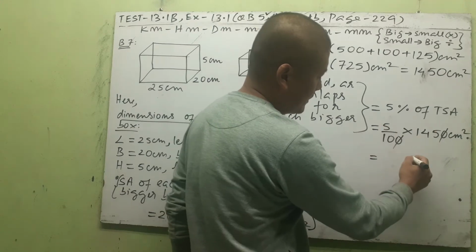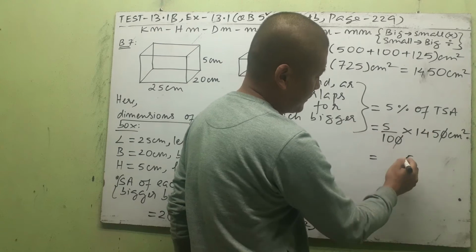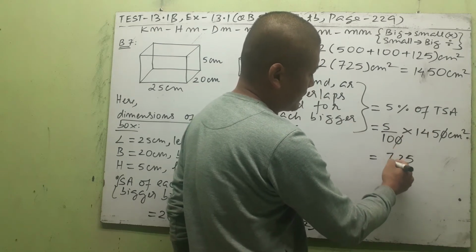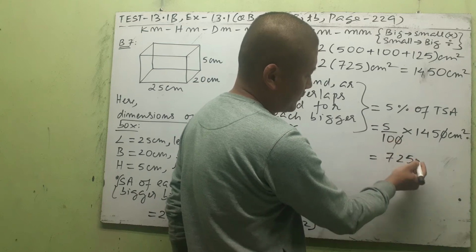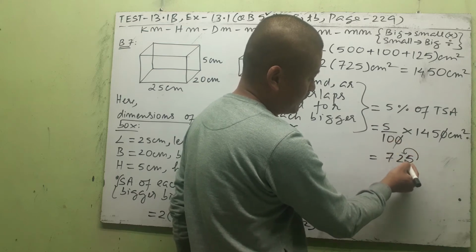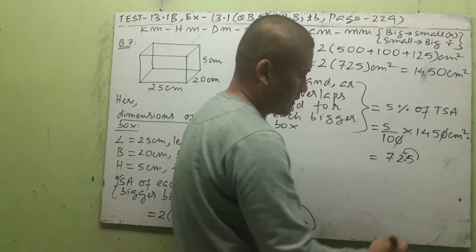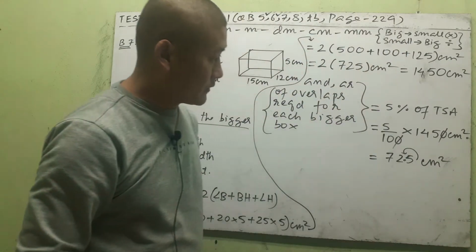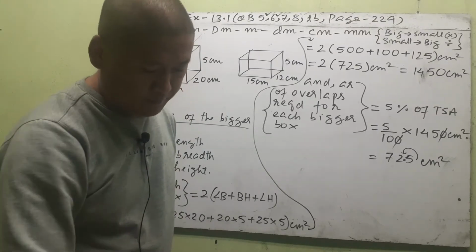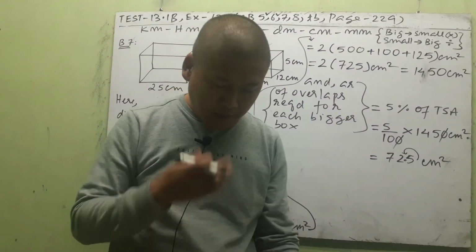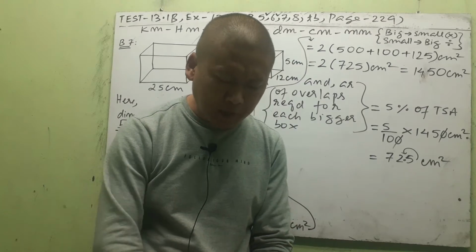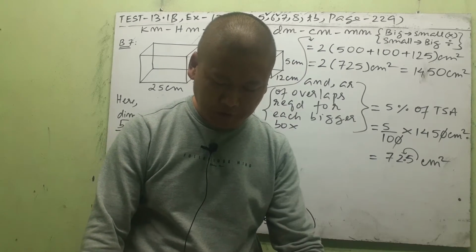Then 5 5s are 25, 5 4s are 20, plus 2, 22, 5 1s are 5, 6, 7. So 10 means decimal will move one place to the left, so it will come between 2 and 5. 72.5 centimeter square. Okay, so that is the total area of overlaps that is going to be required for each bigger box.